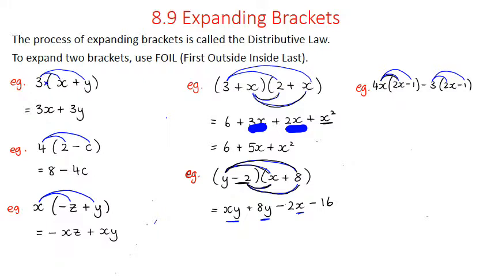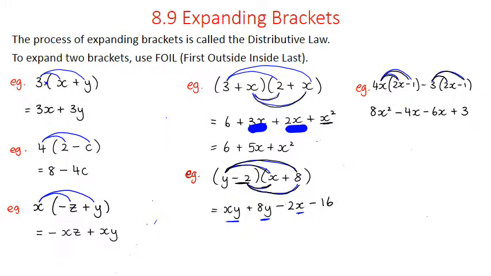So first, 4x times 2x, so 4 times x times 2 times x, you've got 8. x times x is x squared. And then 4x times minus 1 is negative 4x. Right, then you've got negative 3 times 2x, negative 6x, and negative 3 times negative 1 is positive 3.